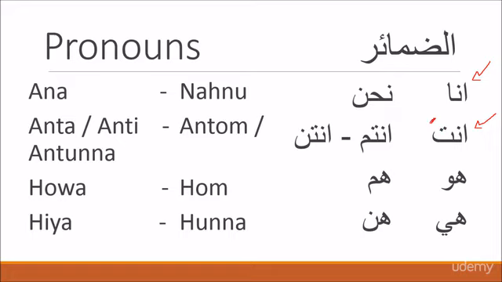So the accent like that is anta, and if the accent is below the letter it is anti. That's the difference between anta and anti. If the accent is here, that means anta. If the accent is here, that means anti, which is you for a female. So anta is for the male and anti is for the female.